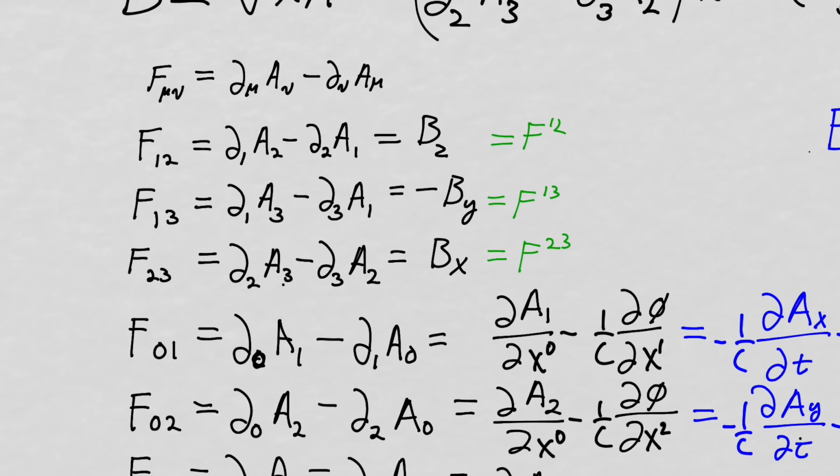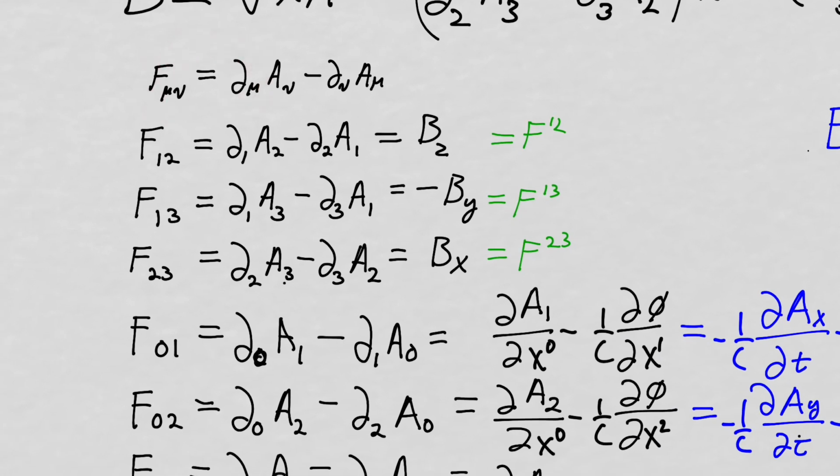So now, if we look at F mu nu and its definition, we realize that there are only so many components that aren't zero. The diagonal is zero, so let's forget those. But F12 is the partial derivative of the second component of the 4 vector. Now, this is a 4 vector, so this would be the y component of the vector potential, and it's the first spatial derivative of that minus the second spatial derivative of the first component.